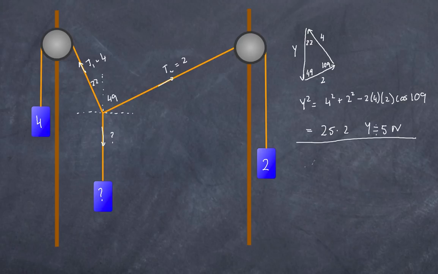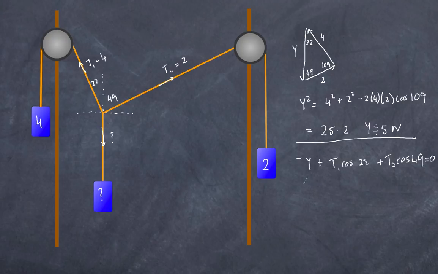To do that, all I need to do is say, okay, I've got y, and of course that's in the negative direction, plus t1. Now this component here is the cosine component, and so it's t1 cosine 22 plus t2 cosine 49, and you can see that's going to equal 0 because it's not moving vertically.